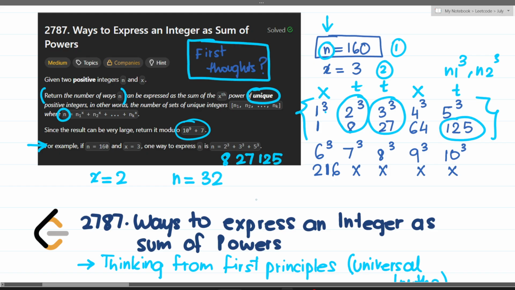Now, you know for a fact that 4 square plus 4 square is 16 plus 16, and that's equal to 32. But then this won't be considered a correct answer for this particular problem. Why? Because we are searching for unique positive integers.